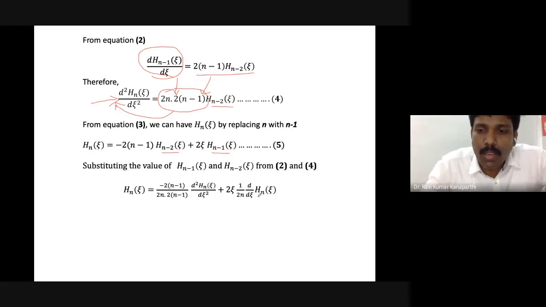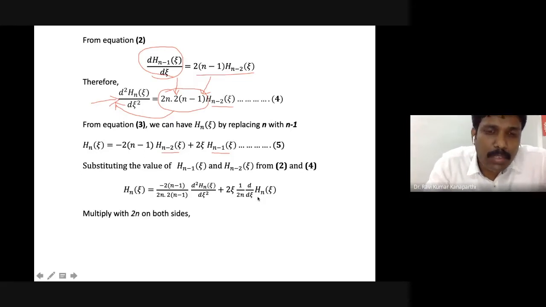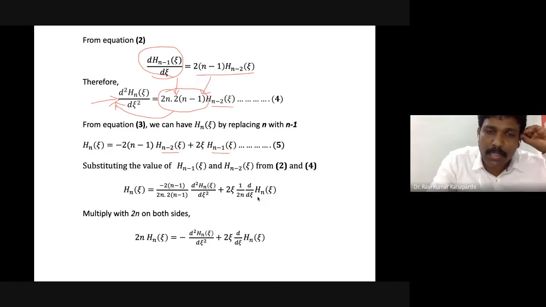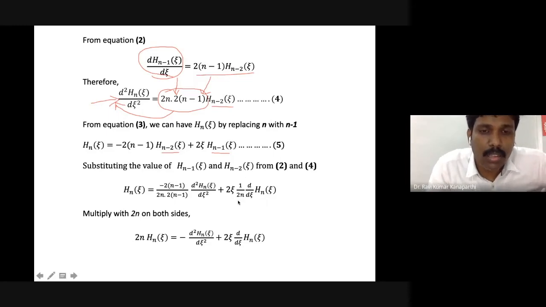If you simplify this expression by multiplying with 2n on both sides, you can see the denominator has 2n, so you can simply multiply the entire expression with 2n to cancel everything, and then the common terms can also be cancelled out.